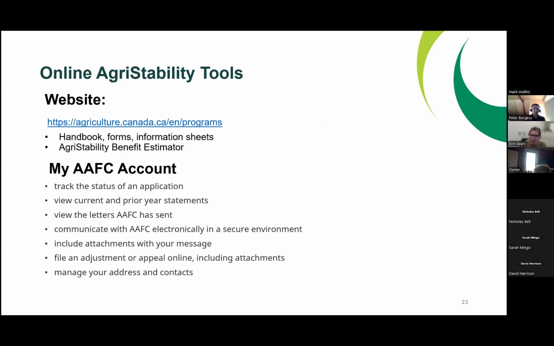I know I feel like a broken record, but if you have any questions around AgriStability, these tools are available online, but I'm also available if you want to give me a call and I can do the digging and get that information back to you.